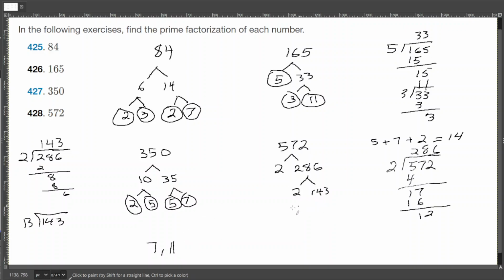I tried 11, but I know 11 won't fit in as well, because 11 into 14 will give us... oh, I think 11 is the way to go. Yeah, it will be divisible by 11. So maybe the 13's right. Oh, you know what? It's probably 13 times 11.